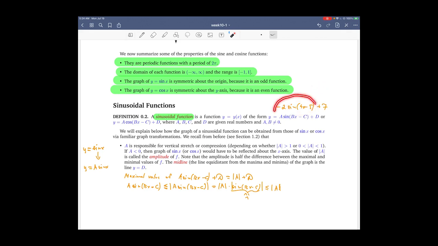And the minimal value of this expression will occur when sine is 1. I just don't want to split this into multiple cases: A is positive, A is negative.